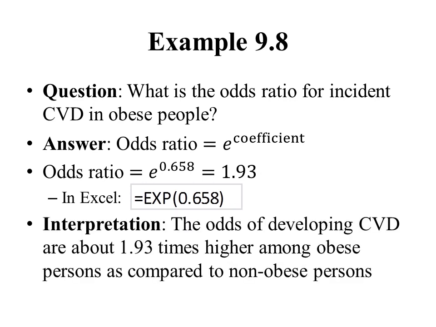So our interpretation of this odds ratio is that the odds of developing cardiovascular disease are about 1.93 times higher among obese persons as compared to non-obese persons. This stresses the point that our reference group is non-obese people, and so obese people are about 1.93 times more likely to get cardiovascular disease than the non-obese persons.